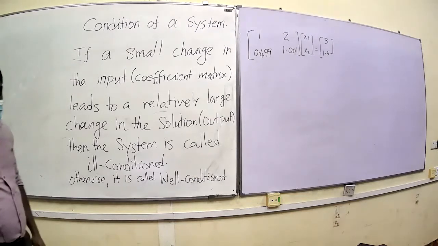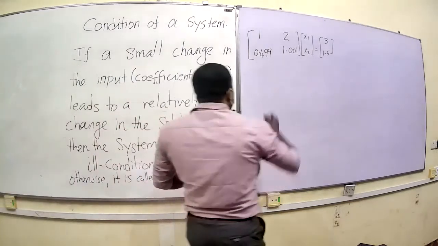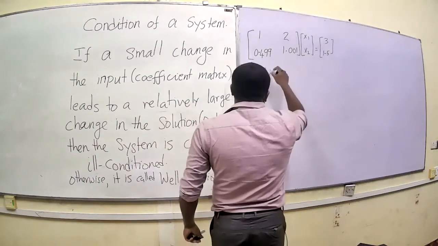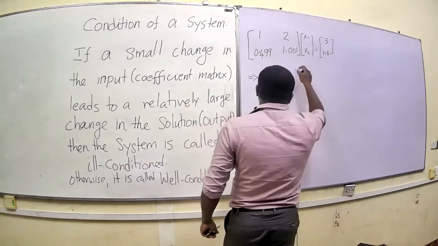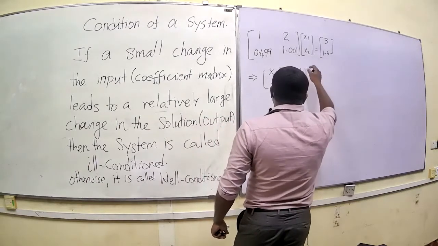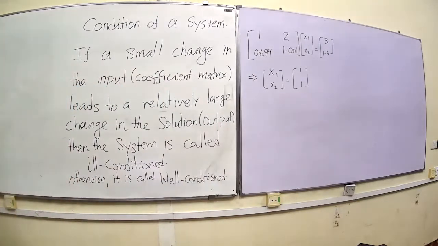You can apply it and get the solution. This gives you x1, x2 is equal to 1, 1. This is the real solution. Real system, real solution. No issues. You can easily compute this by using Gaussian elimination.